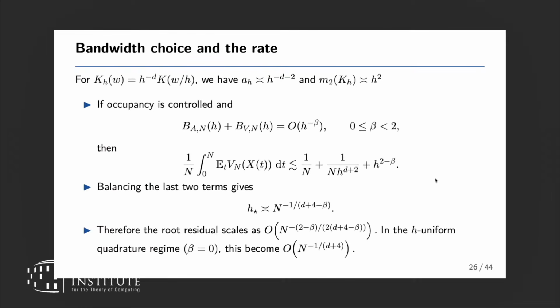Now if you're talking about a kernel of this order, this structure, then one can show that the constant AH is of h to the negative d minus 2, and the MH, the second moment, is of the order of h squared. As we said, the sum of these two constants is some h to the negative beta for beta less than 0 to 2.